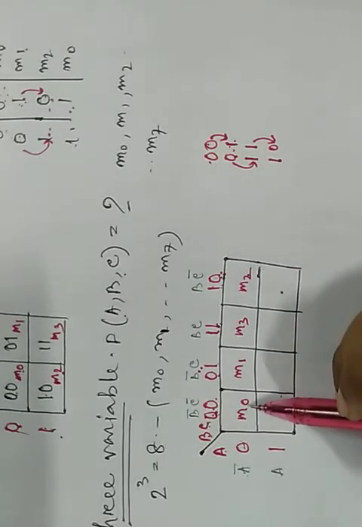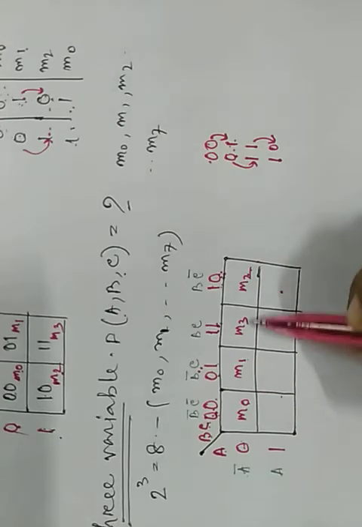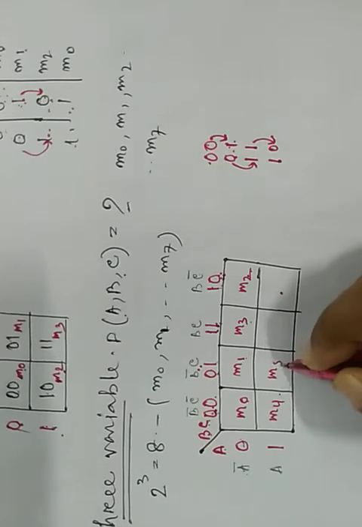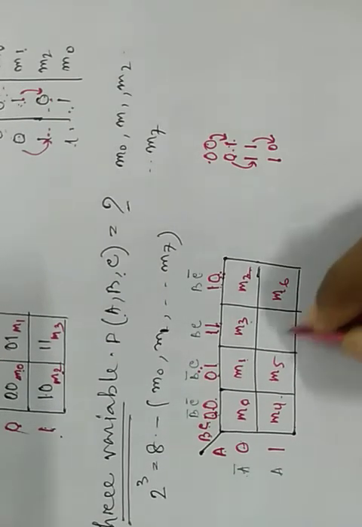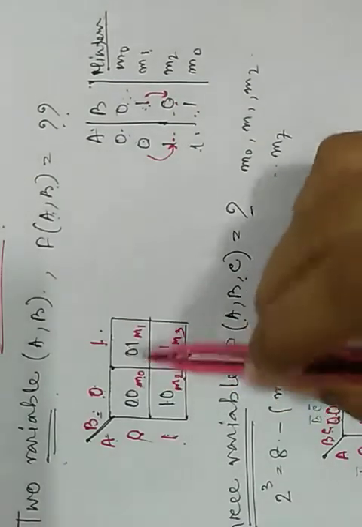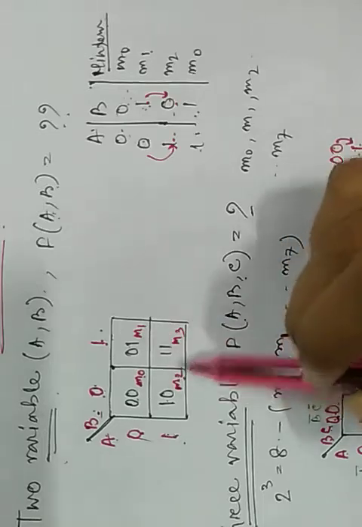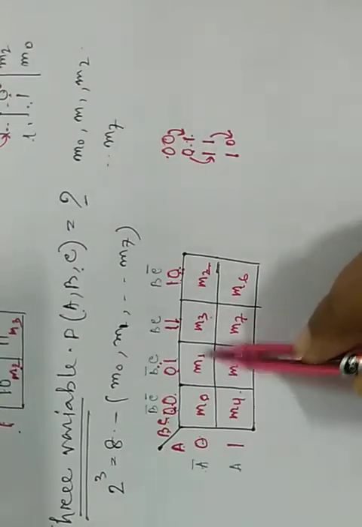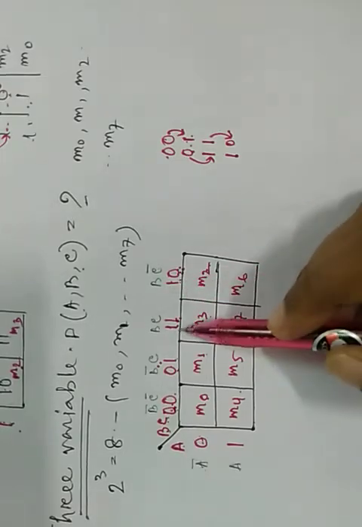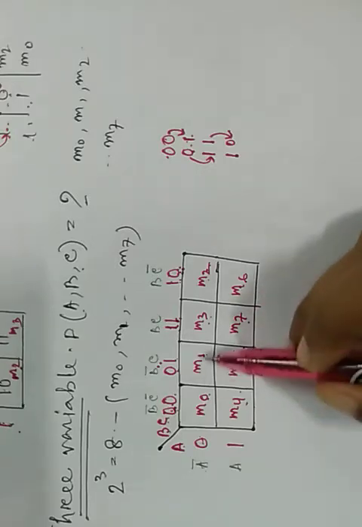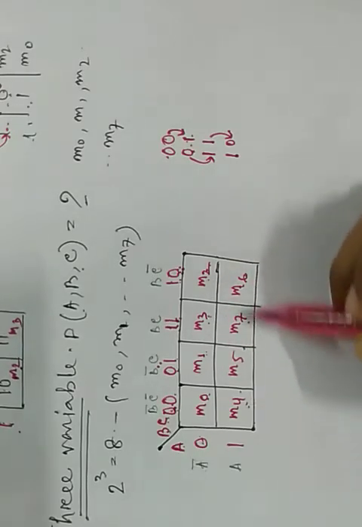That means our sequence is changed here: 0, 1, 2, 3, 4, 5, 6, 7. In 2 variables, the sequence is like this, 0, 1, 2, 3. But in 3 variables, the sequence is 0, 1, 2, 3, and because it is changed here, 4, 5, 6, 7. You have to remember this: 0, 1, 2, 3, 4, 5, 6, 7.